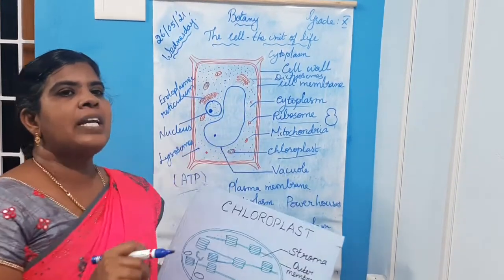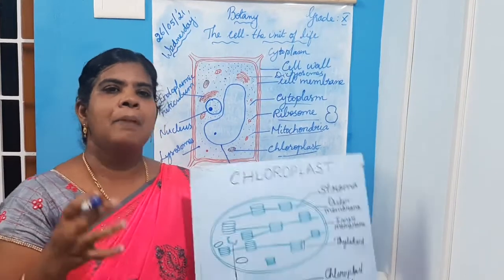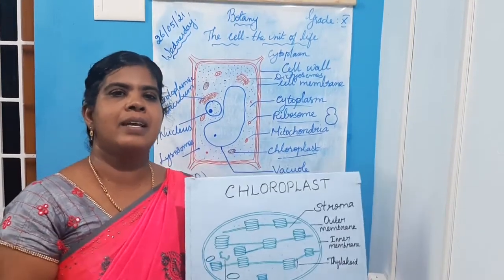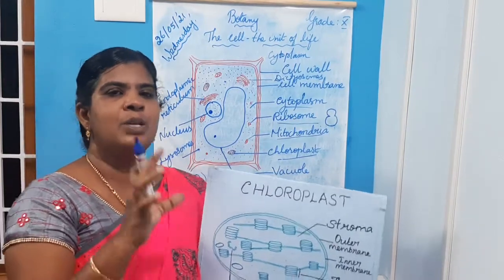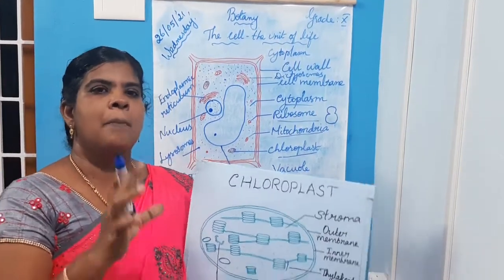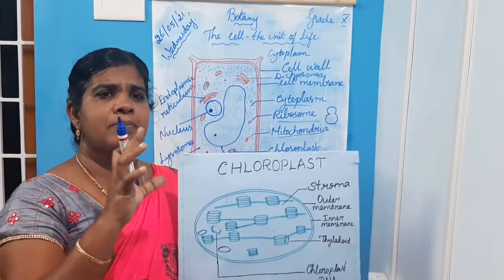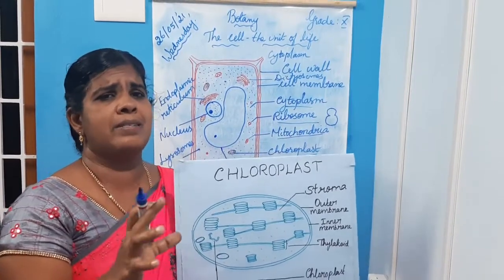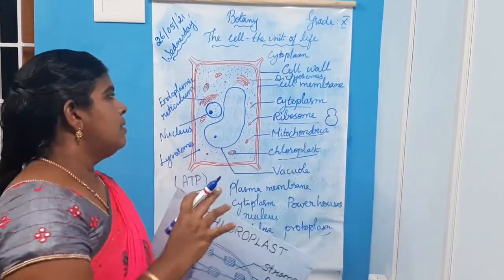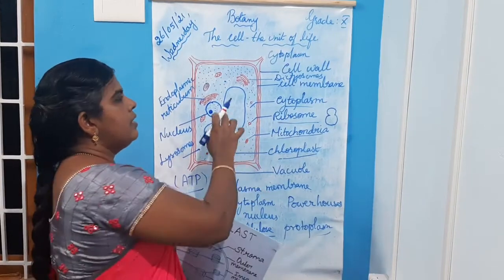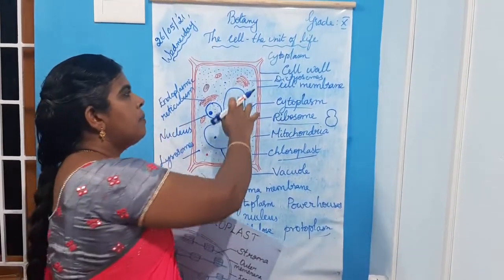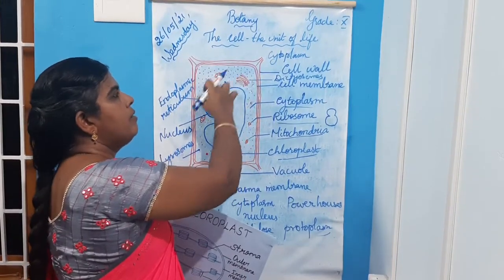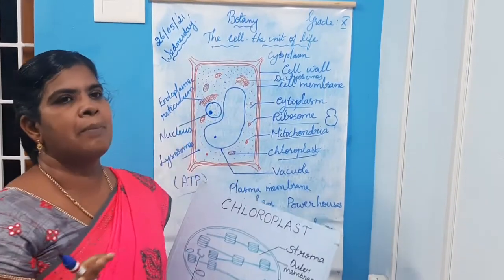A prokaryotic cell, for example a bacterial cell, has no definite membrane around the nucleus. Inside the bacterial protoplasm, all the organelles lack a membrane.